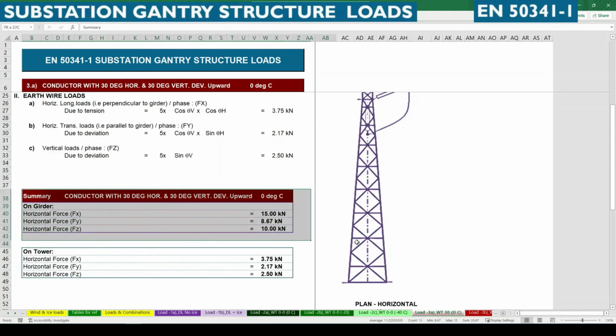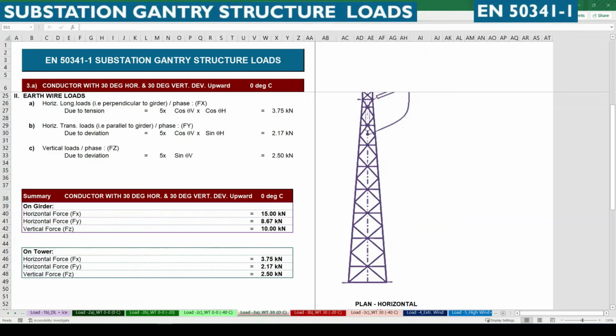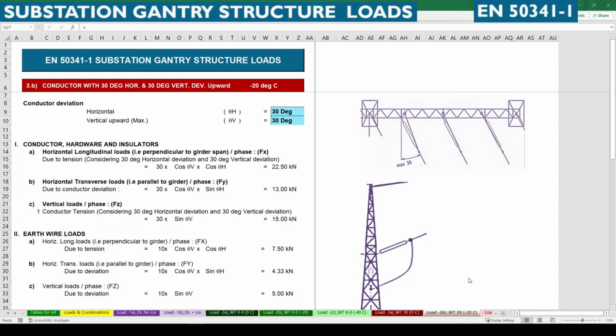So this is the summary: 15 Fx, 8.67 Fy and 10 Fz for the girder. Similarly for the tower, Fx is 3.75, Fy is 2.17 and finally Fz is 2.5. In a similar fashion, we need to consider minus 20 degrees Celsius also.